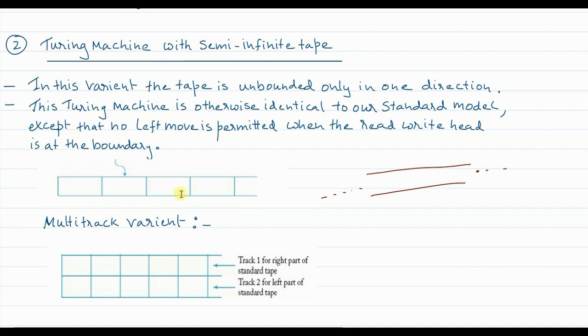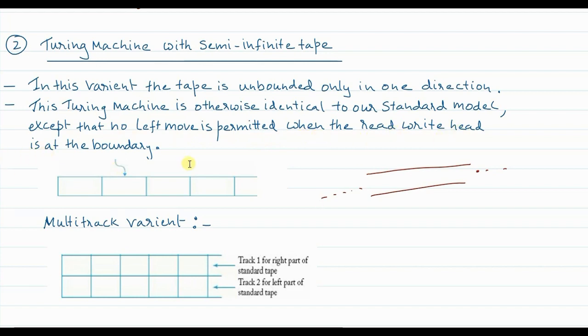It is bound over here, whereas on the other side it is infinite, right? So in this variant, the tape is unbounded in only one direction: unbounded in this direction, whereas it is bounded in this direction. This Turing machine is otherwise identical to a normal standard Turing machine. There is no change, except one small thing: no left move is permitted when the read write head is at the boundary.